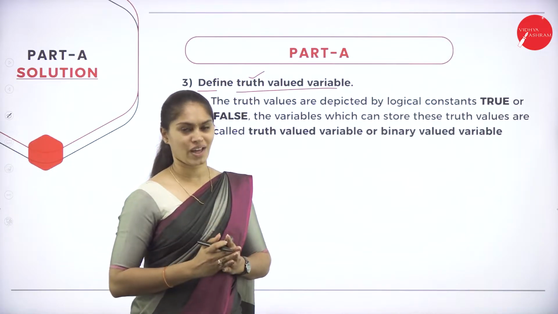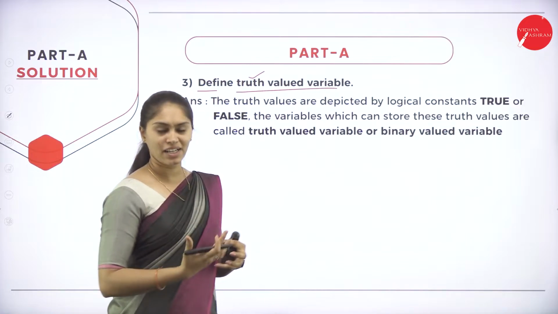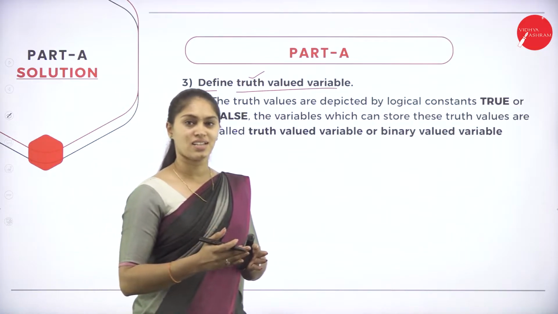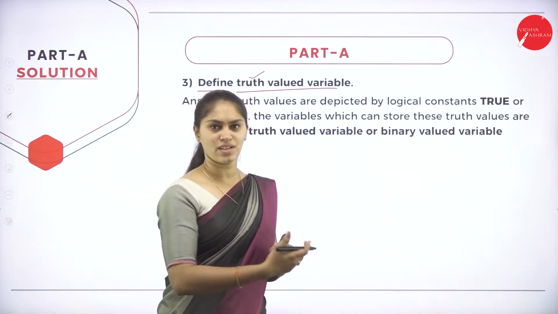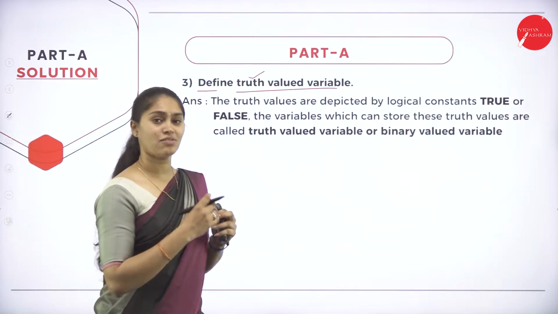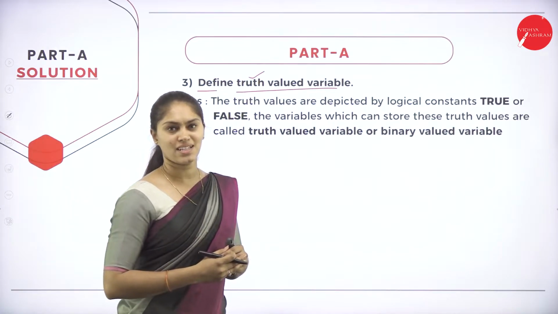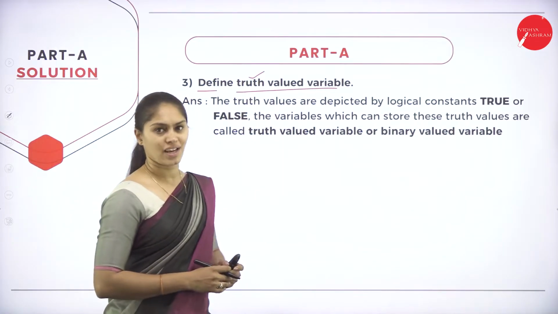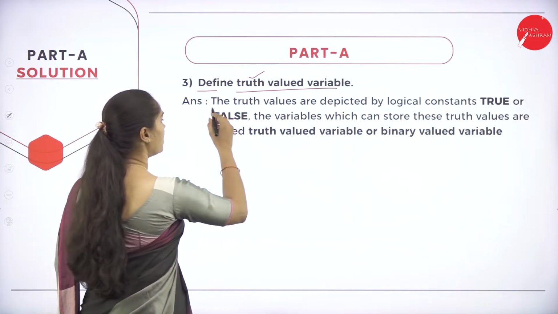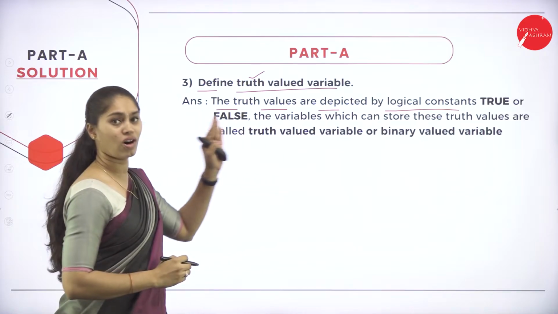A truth valued variable. We know Boolean algebra, switching algebra or binary algebra deals with zeros and ones. If it is a 0, that is false. If it is 1, that is true. So the variable which is holding that kind of values is considered a truth valued variable. That is what you can see here. The truth values are depicted by logical constants, true or false.